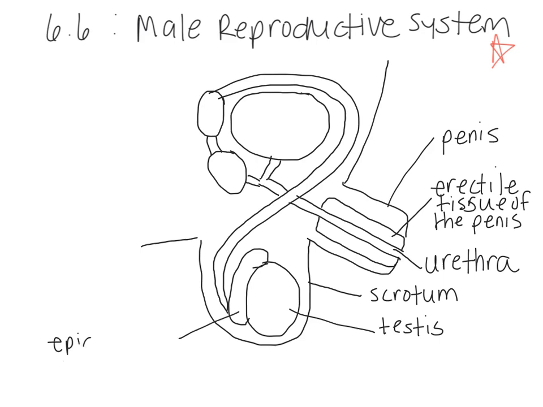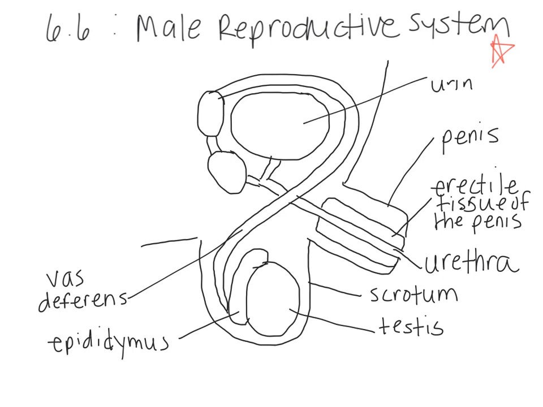Next, we have the epididymis. That is where the sperm matures, and it leaves through this tube called the vas deferens. That vas deferens comes all the way up and around the urinary bladder. Then the vas deferens joins the seminal vesicle.